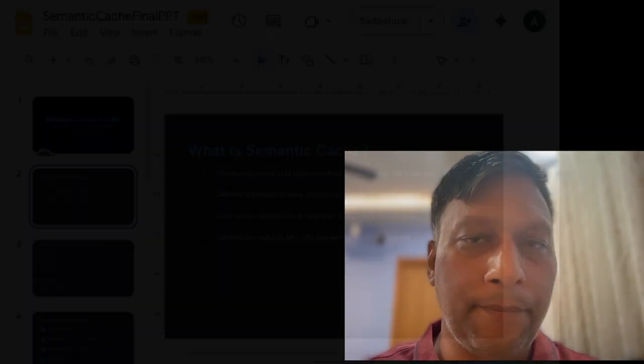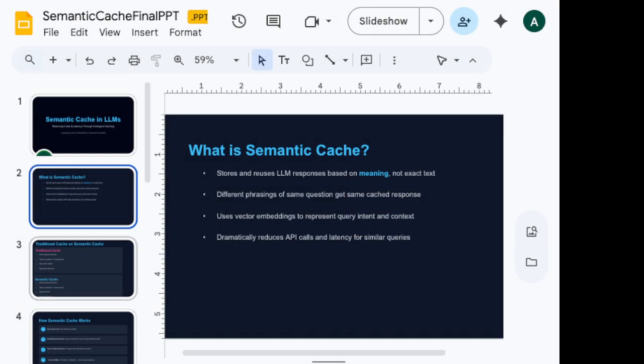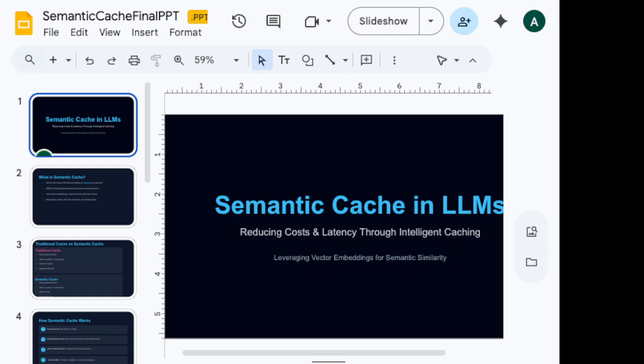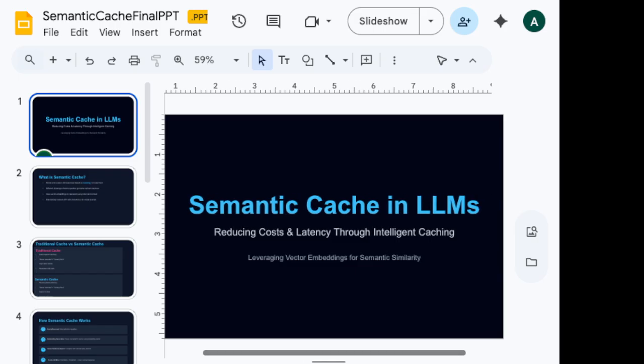So before we talk about the architecture, let's go back to the basics and understand what exactly the need for the semantic cache is and how it evolved over time. If you talk about semantic cache in LLMs, this is a mechanism used to reduce the cost and latency by leveraging the intelligence of the caching mechanism.